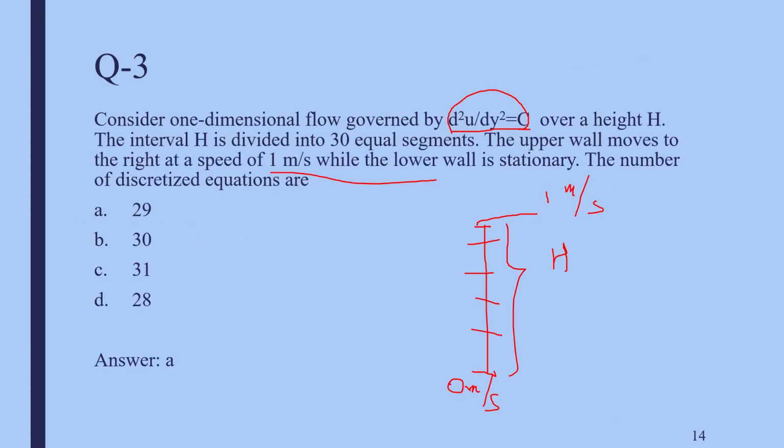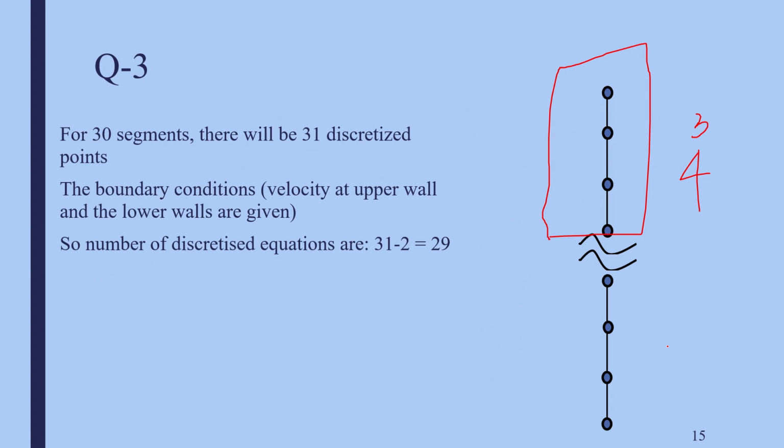Consider one dimensional flow governed by d square u by dy square equal to c. In CFD, if we look at the previous question, we were discretizing u at i comma j, at i comma j minus 1, at i comma j plus 1, like that.